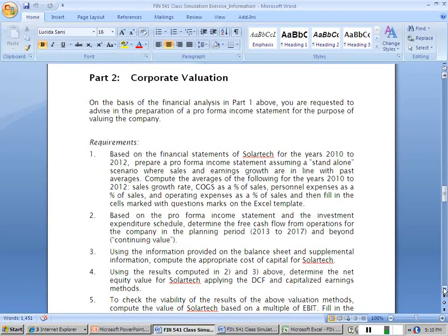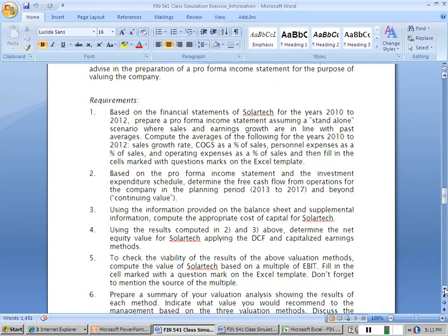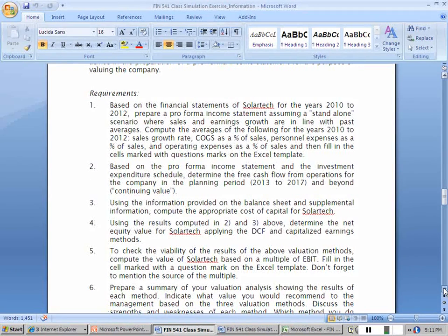Here you're going to be taking a look at 3 valuation methods that we will talk about in the course. That is the discounted cash flow method, and the capitalized earnings method. Both of those are what we call income approaches to valuation. And one market-based approach, and that is taking a look at industry multiples, for example, for machinery or solar companies engaged in the solar industry, and using EBITDA or EBIT multiples, and then using those to derive a market value, and then comparing the two.